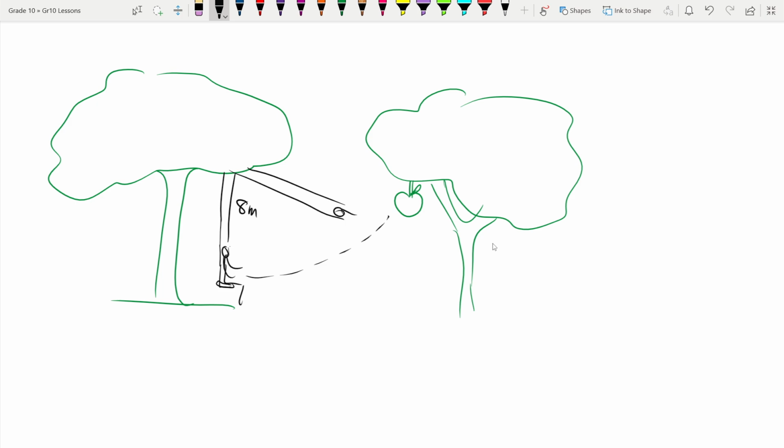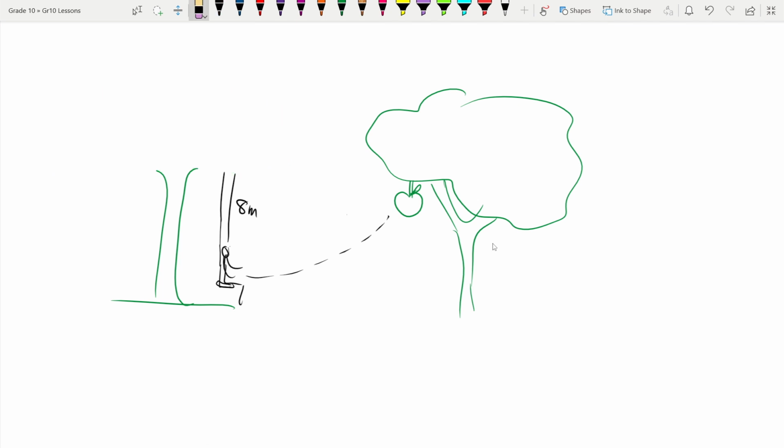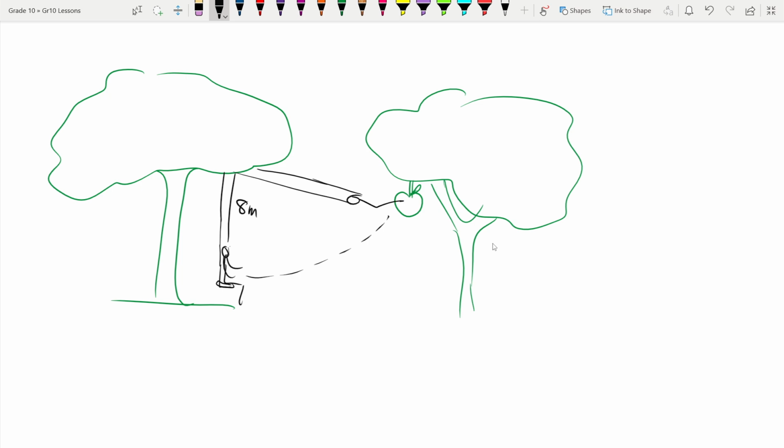Actually, I'll just formulate the question myself. I'll make it a new question because I couldn't find the one that I saw. So let's say we have this scenario, and this person actually reaches the apple, grabs the apple on the swing.